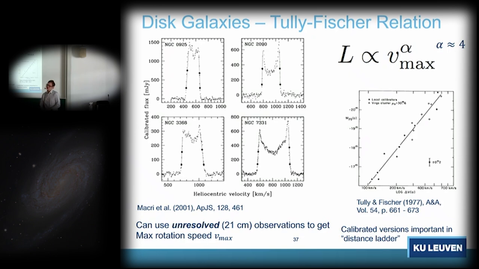And then you have measured the apparent luminosity. Then what do you get? The distance, if you can correct for extinction, and if you have a well-calibrated relation. But this is exactly how the Tully-Fisher relation is used as a distance ladder.